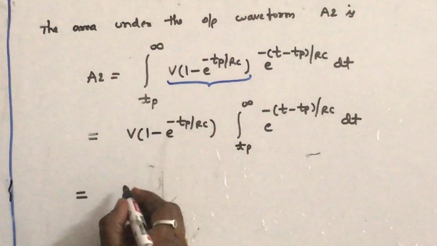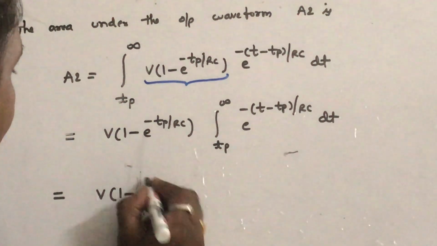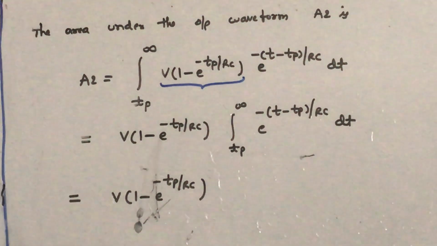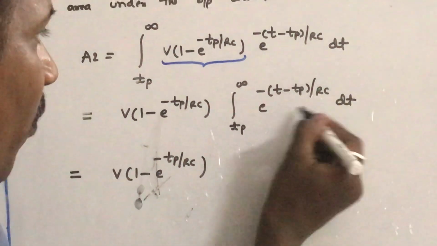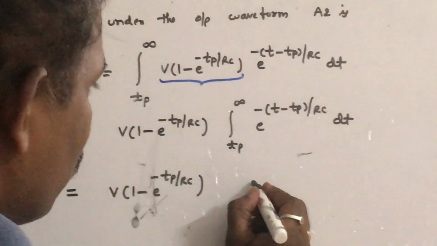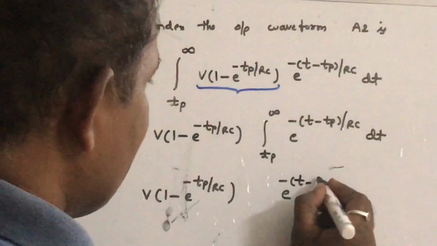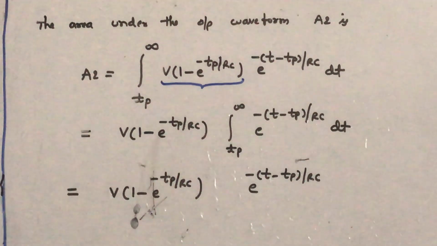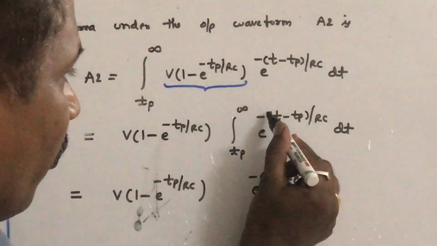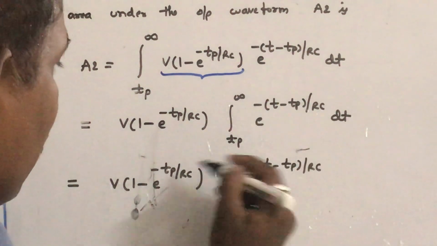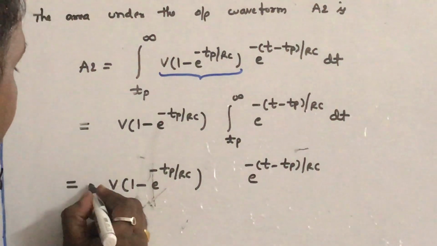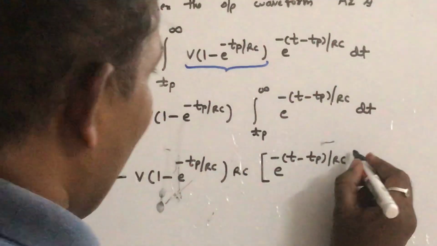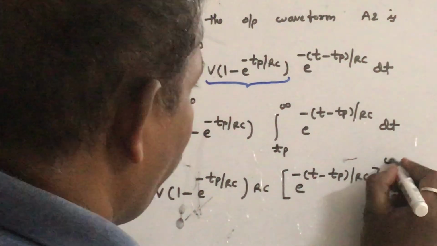The integration of e power minus x is e power same. So therefore e power minus t minus Tp by RC. Now the integration of the numerator is minus 1 by RC, so bring RC this side. The limits for this are Tp to infinity.